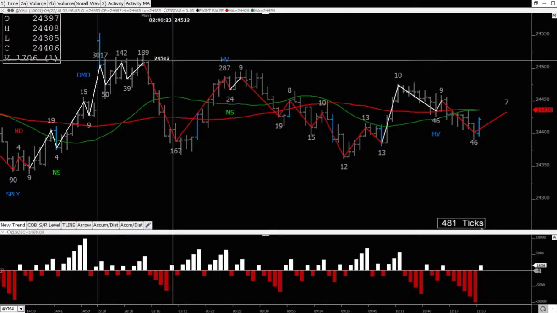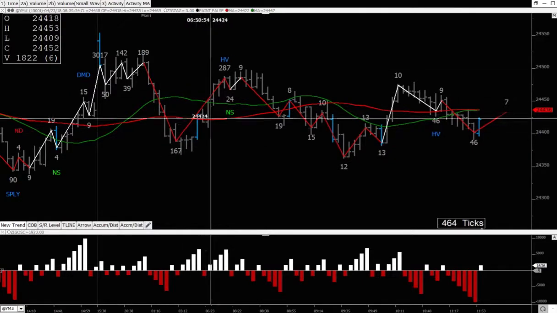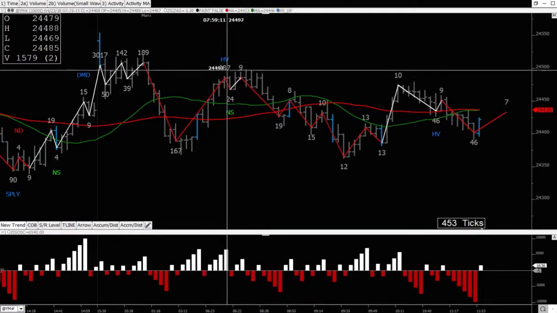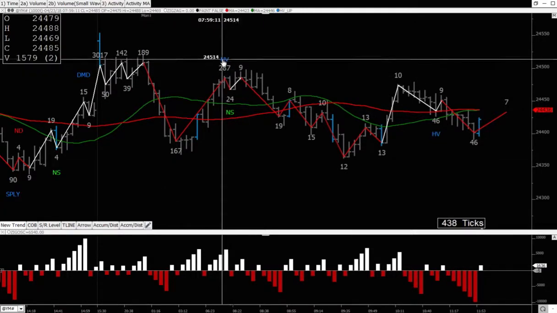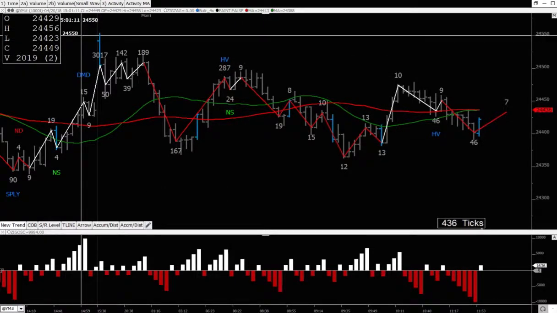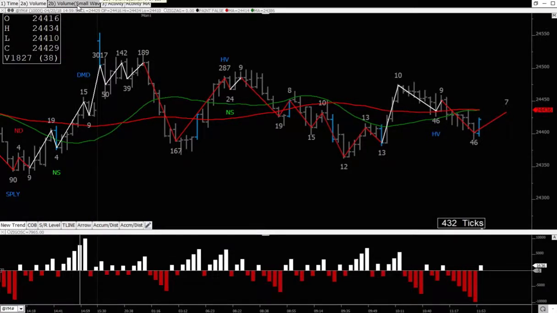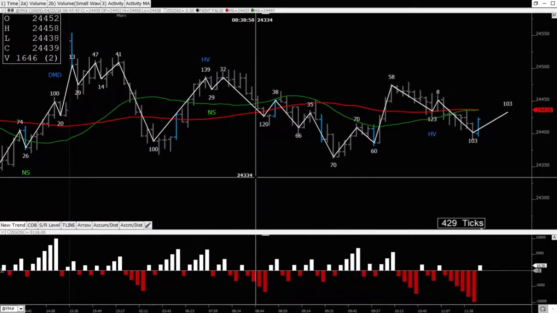If you have price overnight, you have high numbers because it's overnight action. So let's switch to volume. Let's take off time.